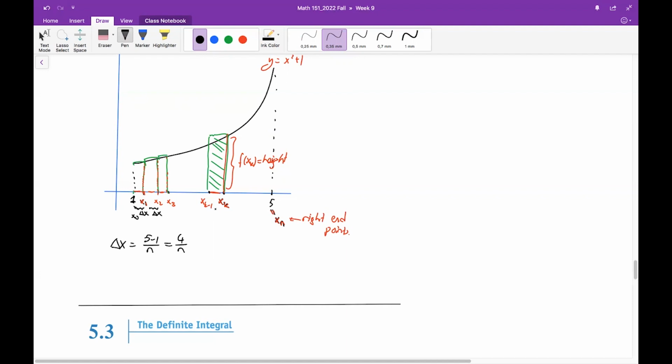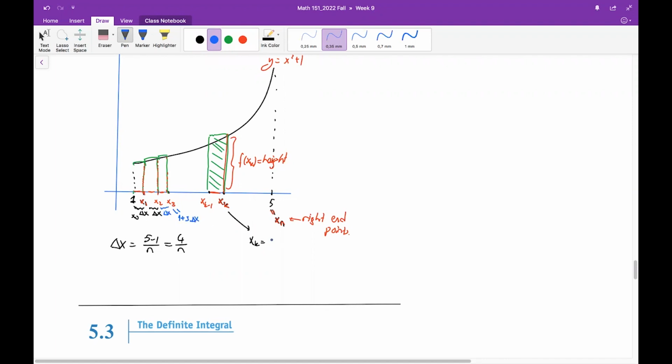And also, let's try to understand what this xk point is. For example, x3 is what? You start from 1 and you add 3 many delta x's to 1, right? So 3 times delta x.